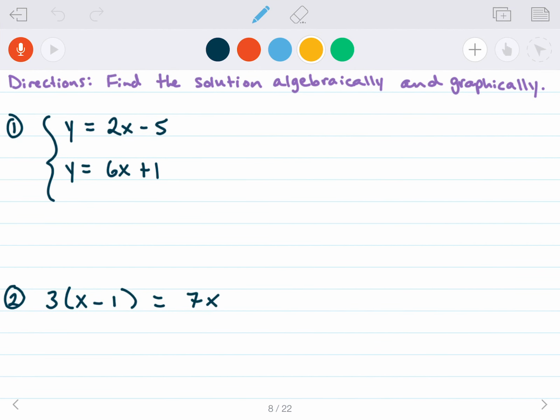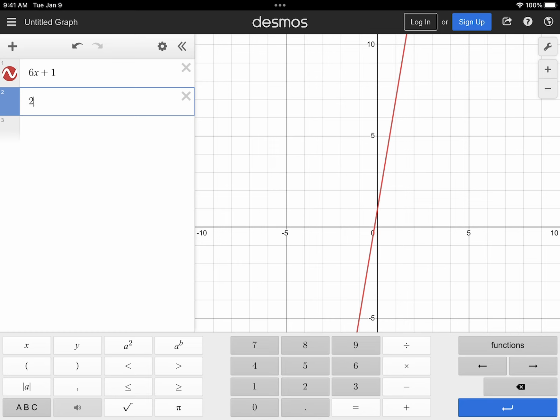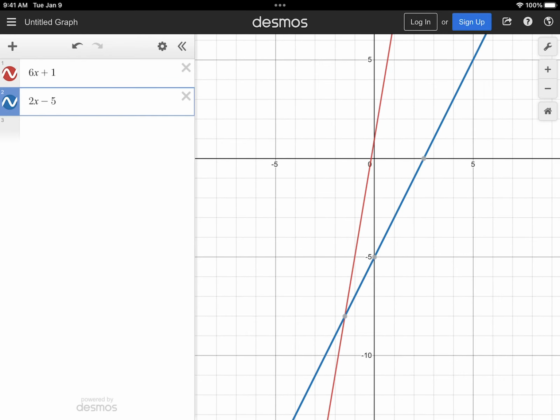Okay, so we can see graphically that these lines are going to cross at x equals negative 1.5.